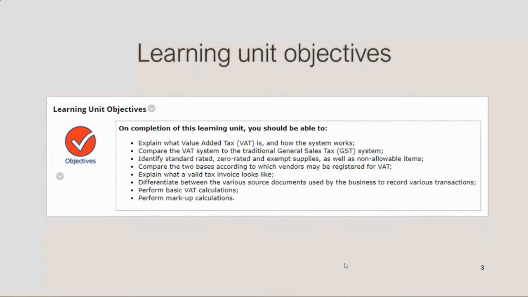And then there were different source documents that you guys had to go read through. We didn't discuss that in detail. And then we started discussing what is the basic VAT calculations, how to perform the markup calculations. Now, with the questions we're going to focus on today, we're going to look at your basic VAT calculations as well as your accounts, where they go to, and we're going to touch on markup calculations as well. So that's what we're going to focus on in this session.